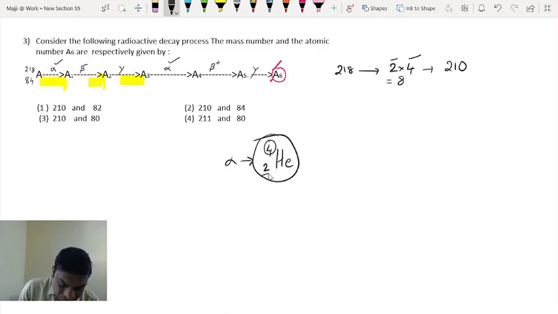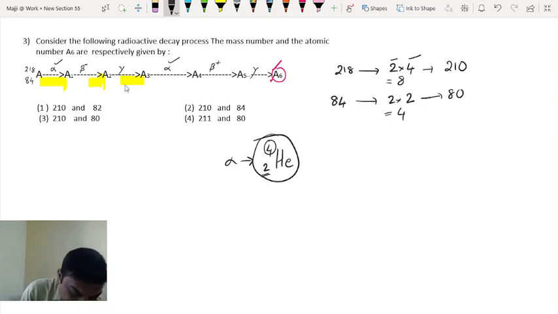Then the atomic number will reduce by 2 corresponding to each alpha decay. So the atomic number will reduce by 2 into 2, that is 4.